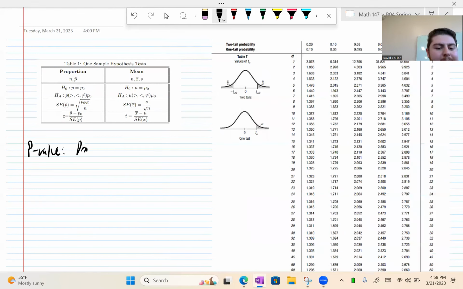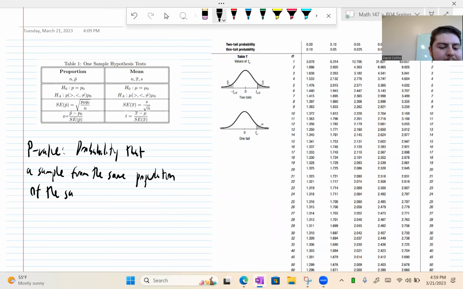It is the probability that a sample from the same population of the same sample size produces the given sample statistic, assuming the null hypothesis is true.